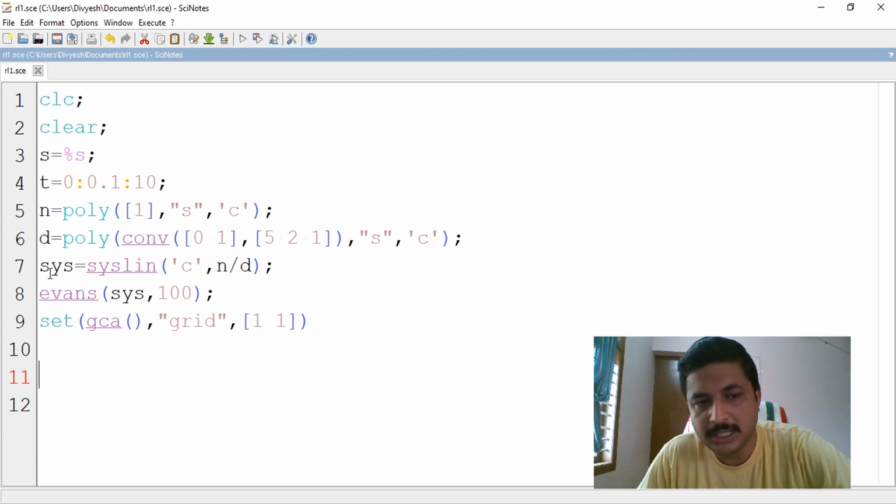If I choose this K as a very small value, my plot will only take that value of K to plot along the asymptote. For example, if K equal to 1 is where it crosses the imaginary axis and I take K max as 2, then it cannot continue to plot the locus for any value of K more than 2. So make sure that this K max is a very large value compared to the value which we find in numerical calculations where it crosses the j omega axis.